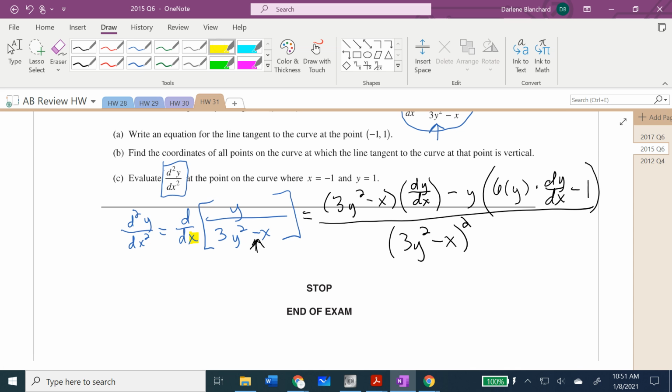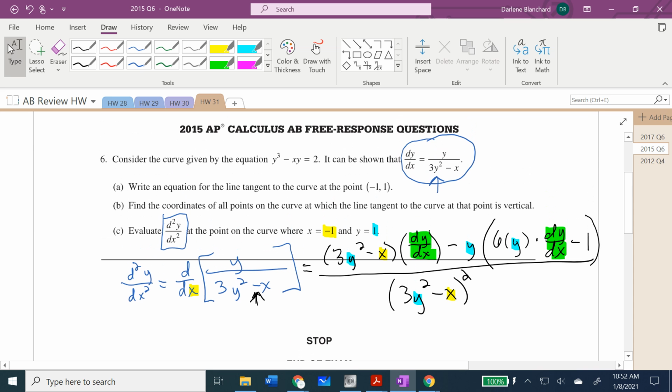So now I still need to plug in this point. Everywhere I see an x, I'm going to put a negative 1. Everywhere I see a y, I'm going to put a 1. And then for every dy dx, I'm going to put in what I had found in part 1.